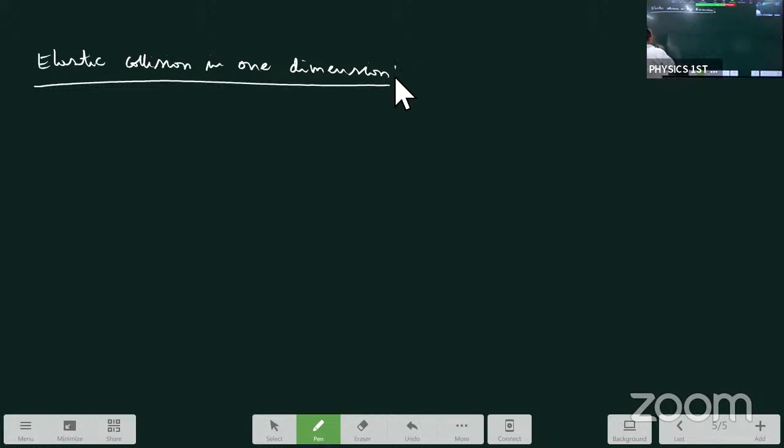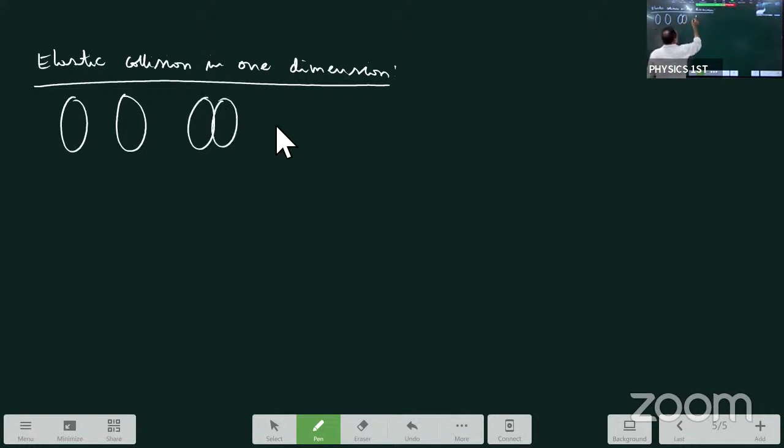Elastic collision in one dimension is the same as what we discussed earlier. There are two bodies. Both will impact here. After impact, both will travel with different velocities. For example, the bodies are m1, m2 with velocities u1, u2.